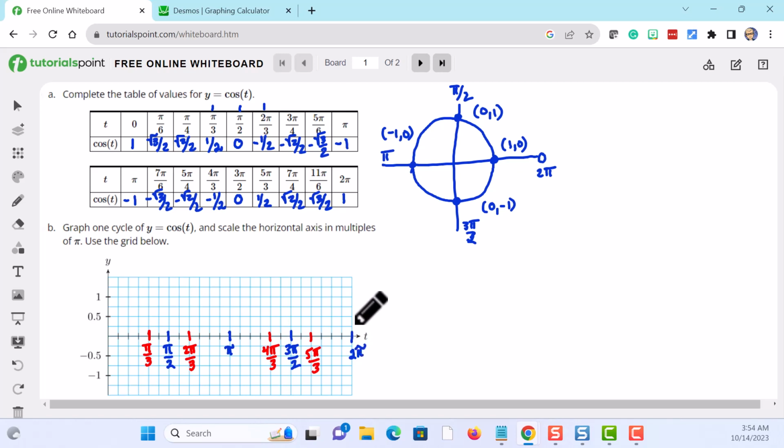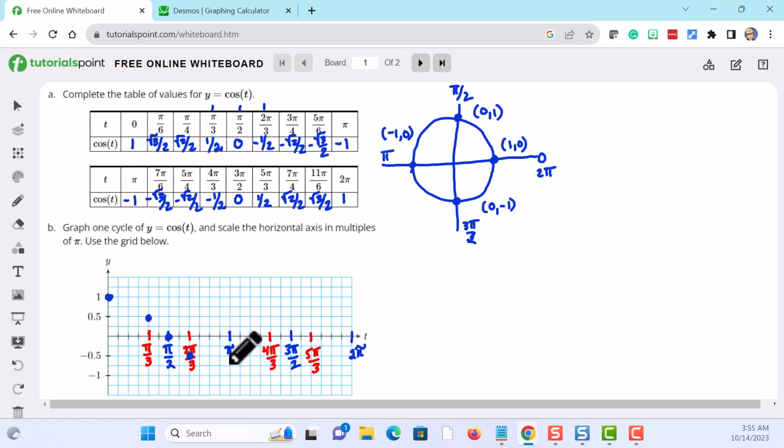So now we can plot our y values. So we start off at the point 0, 1. And then we go to the point pi over 3, 1/2. Pi over 2, 0. 2 pi over 3, negative 1/2.